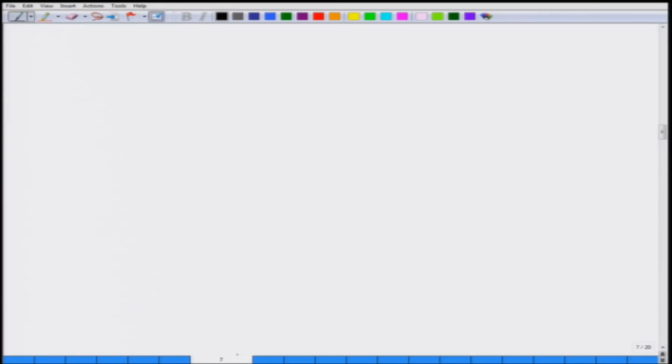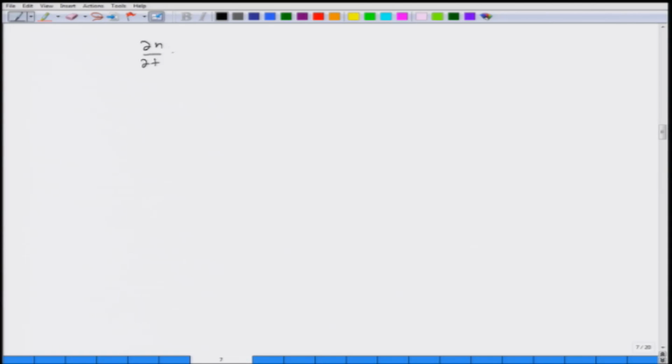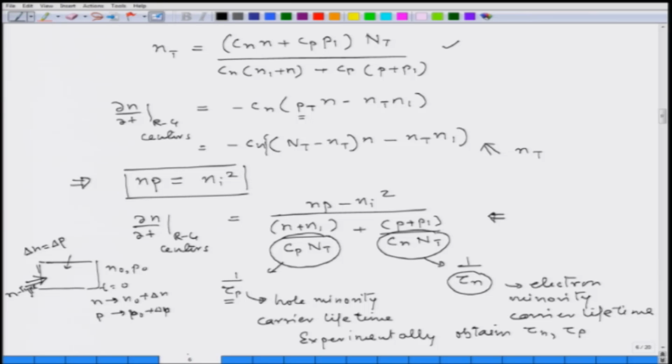So, in terms of these minority carrier lifetimes, my R-G statistics starts looking like this: the change del n del t due to the R-G process will be given by, the mistake here should be n1 p1, otherwise this will become 0.